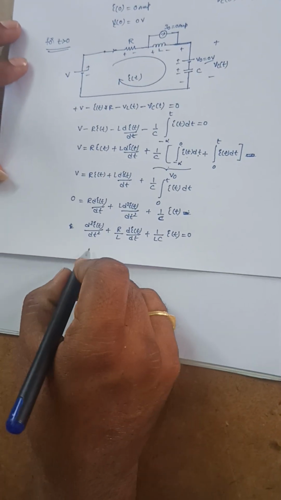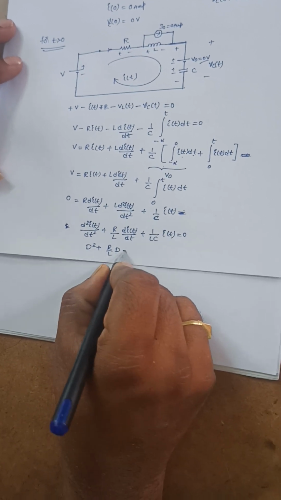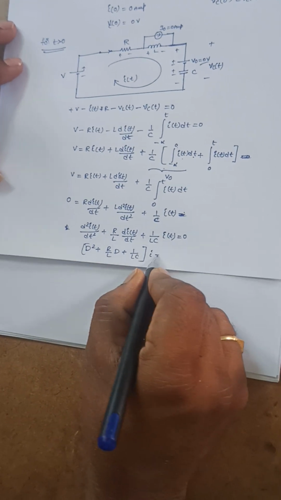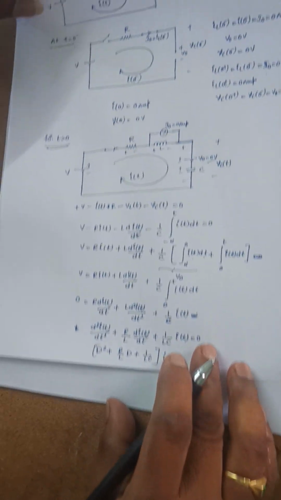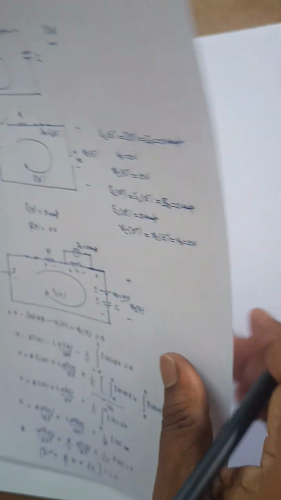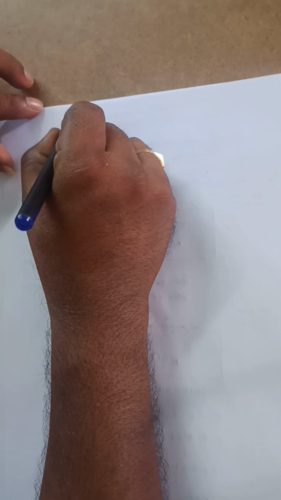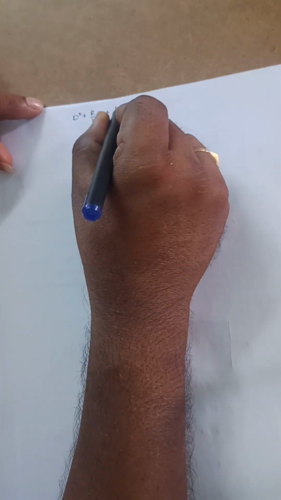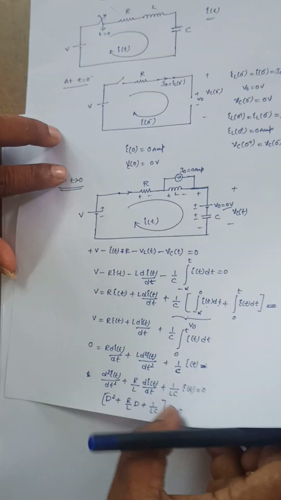So this equation I can rewrite like this: d square plus R by L into d plus 1 by LC into i is equal to 0. This is the equation that I got here.